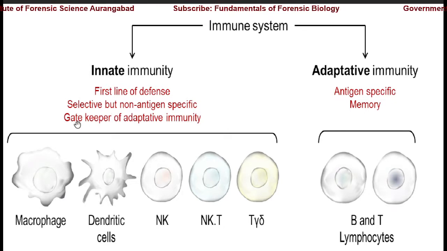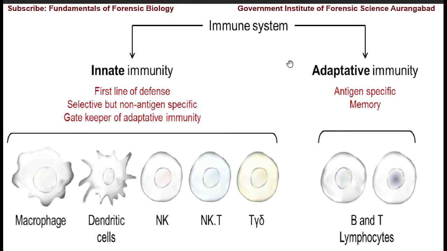It is like a gatekeeper of adaptive immunity. The cells involved in innate immunity are macrophages, dendritic cells, NK cells meaning natural killer cells, NKT cells meaning natural killer T cells, and gamma delta T cells.